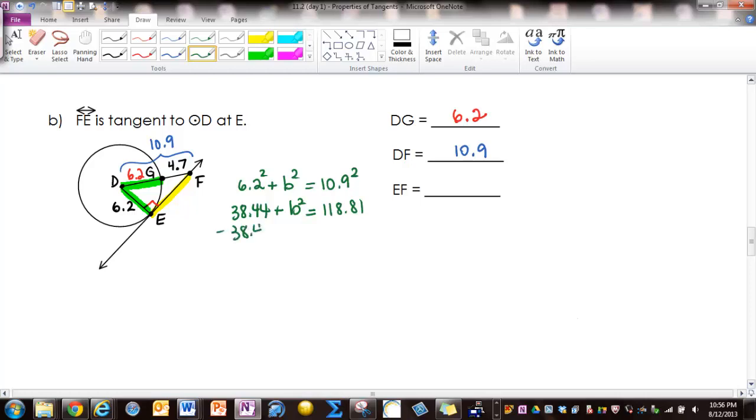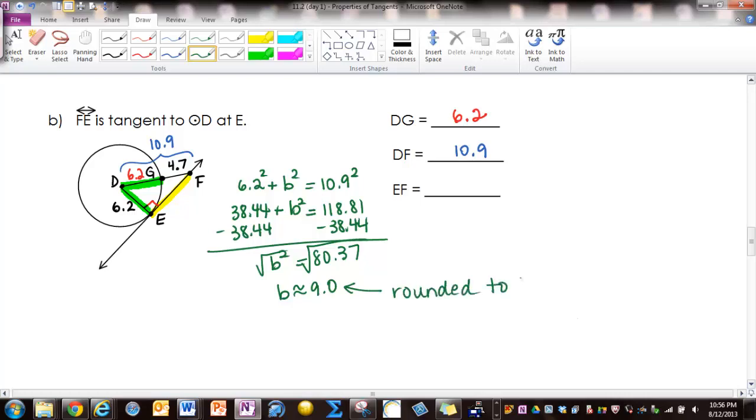Subtracting 38.44 from both sides, I get b squared is 80.37. I then take the square root of both sides and I get b is approximately 9.0. And this number I'm going to be rounding to the nearest tenth.